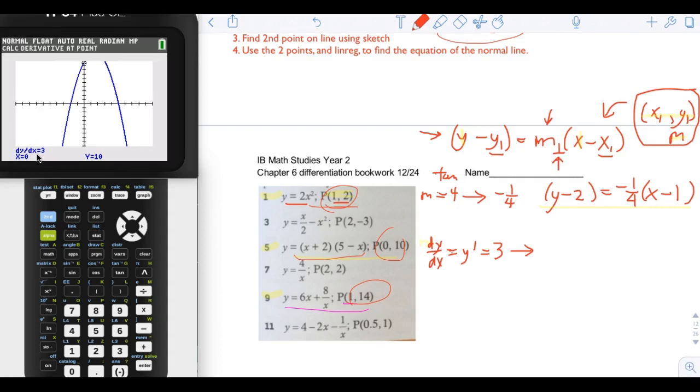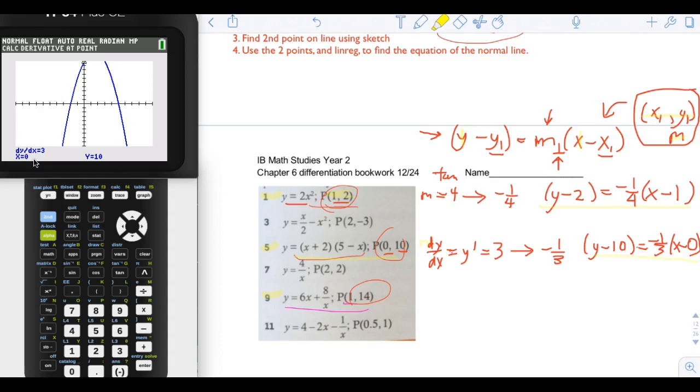That means it's the normal line, because the normal line is perpendicular to the tangent line. Okay, so I'm going to invert it and take the negative, so it'd be negative 1/3. So it'd be y minus something equals negative 1/3 times x minus something, and the y minus something would be y minus 10, and the x minus something would be x minus 0. Okay, so there we have it right there.